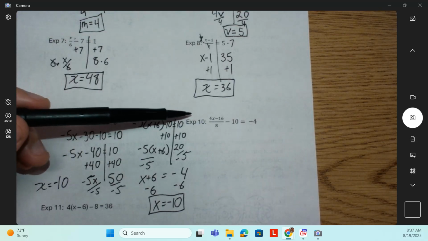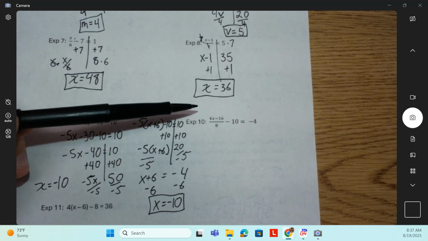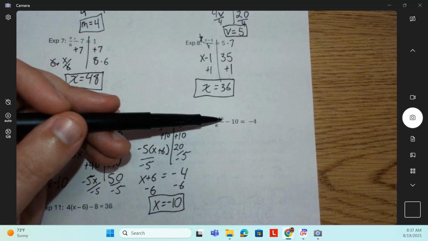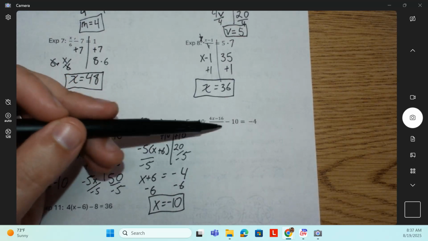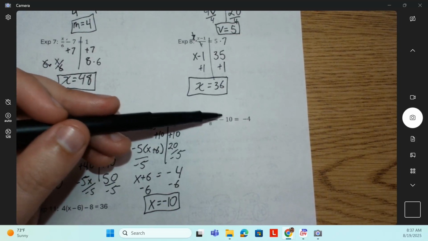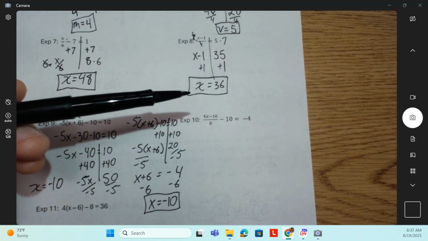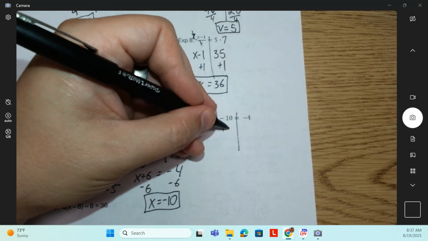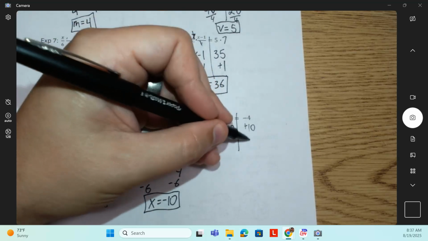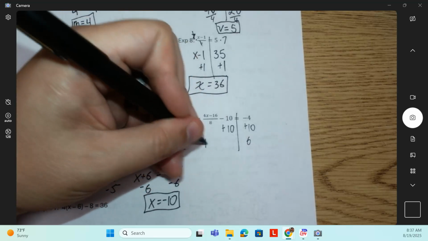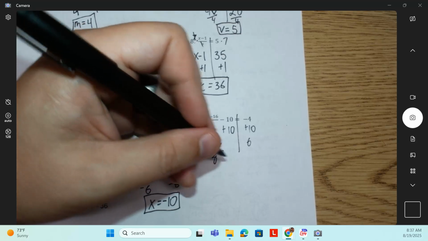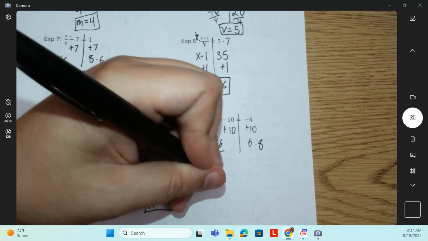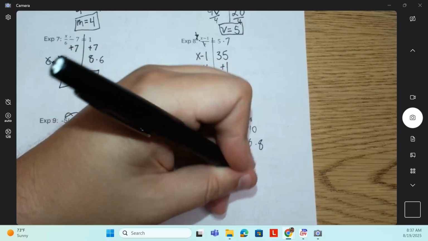Okay, on number 10, we're definitely in a scenario where you could work it out where we divide 4x by 8 and divide negative 16 by 8, which would give us a negative 2 that I could put with this negative 10. Really, I think you're a lot easier off if we just say, well, negative 10, if I do plus 10 to both sides, gives me 6. And then 4x minus 16 over 8, I would multiply by 8 to get me 4x minus 16 equals 48.